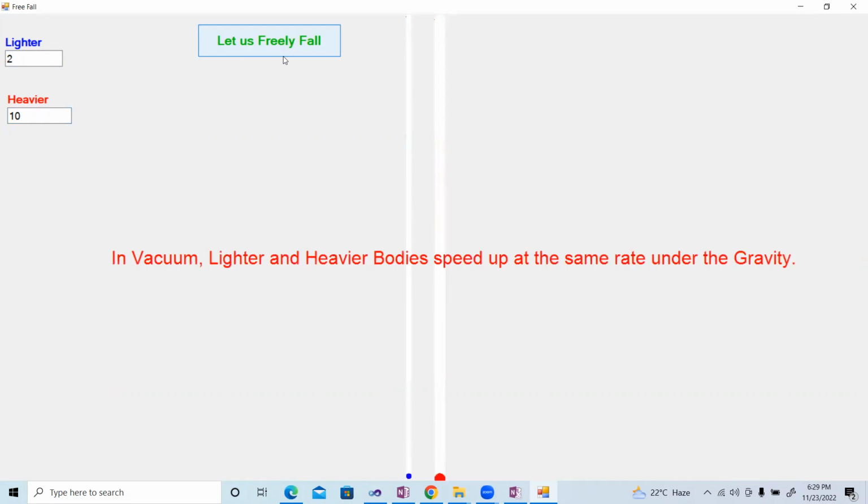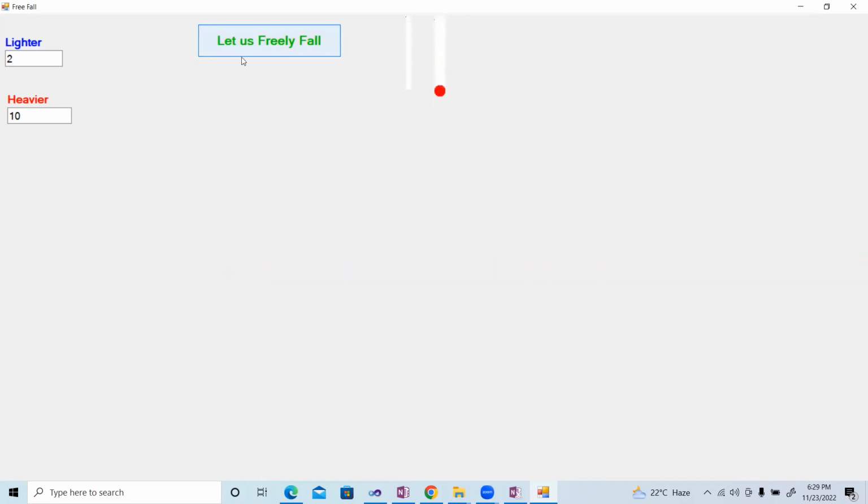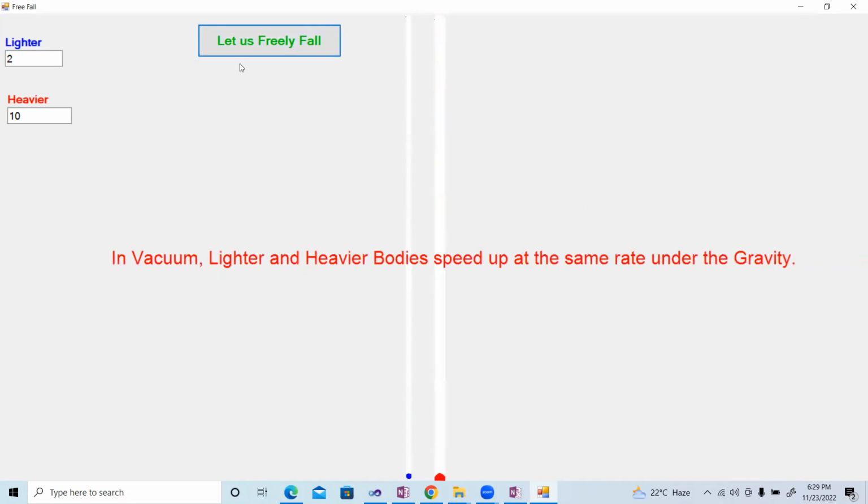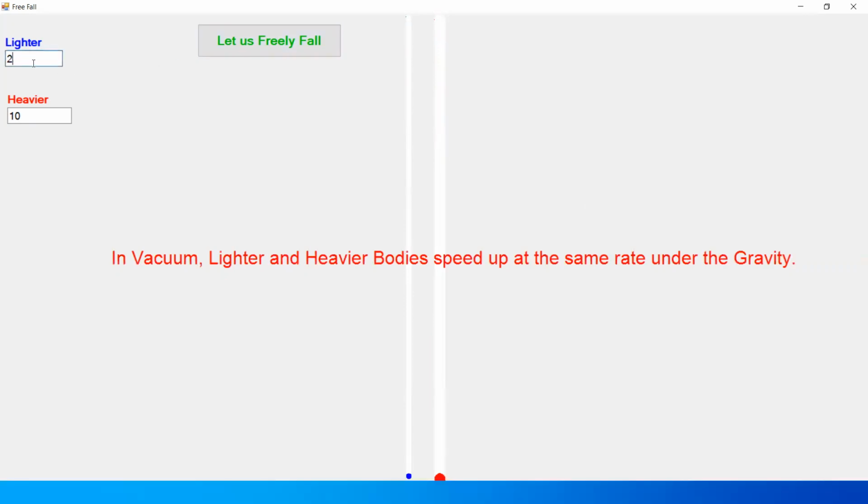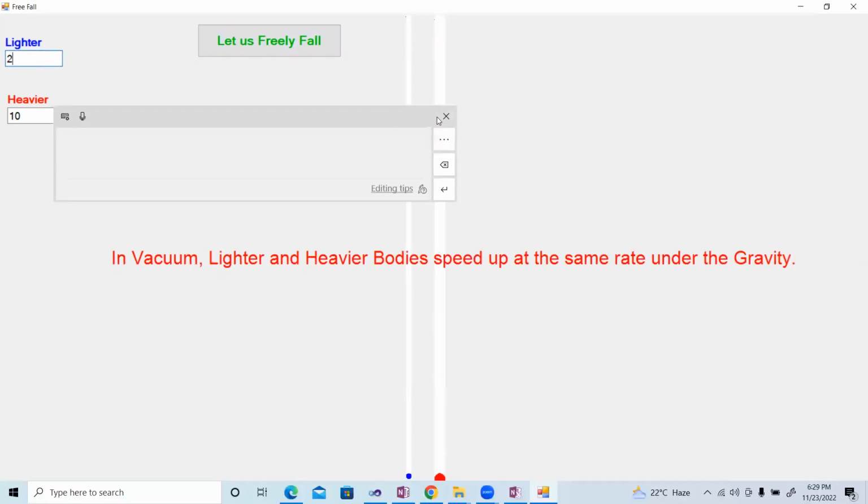That means in vacuum, lighter and heavy bodies speed up at the same rate under gravity. You can change the masses again and again, and you can see here that the two bodies fall down at the same rate, even if you change the masses.